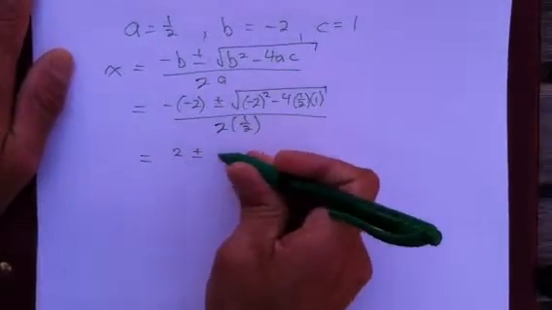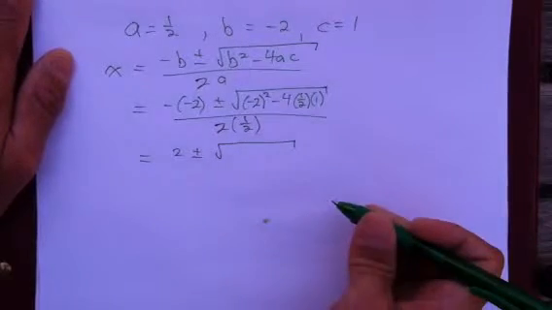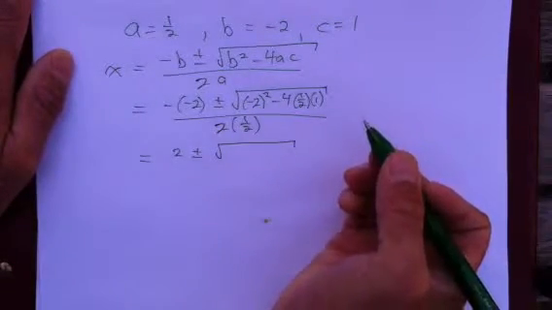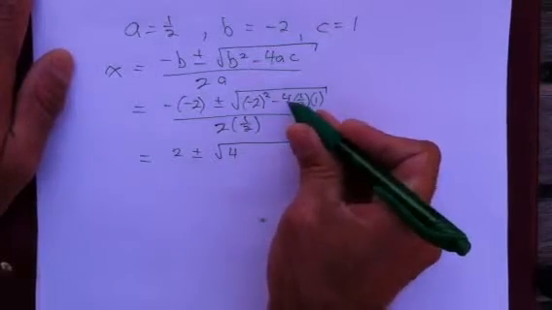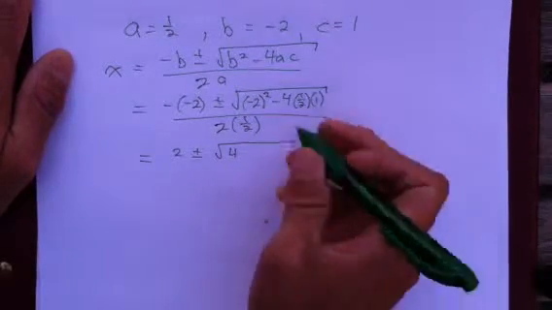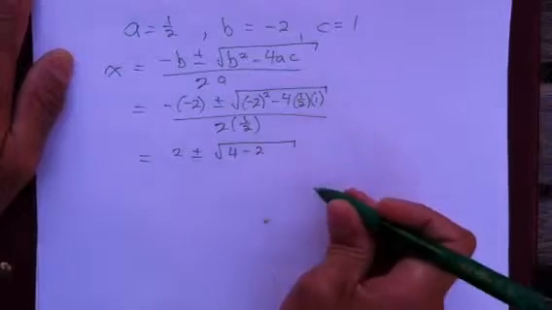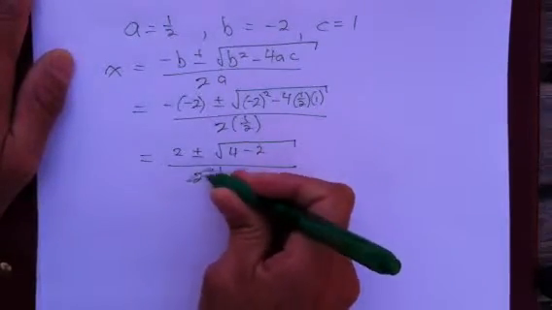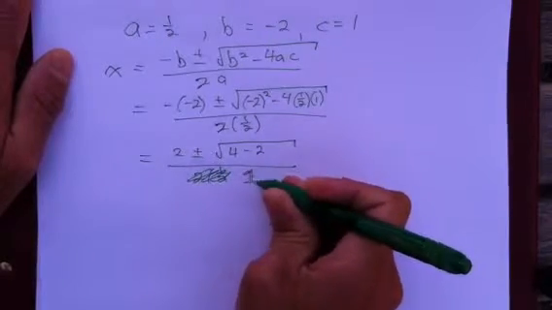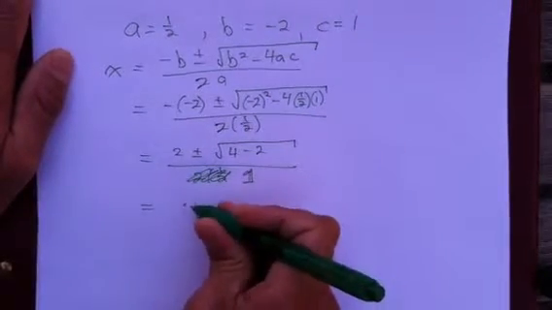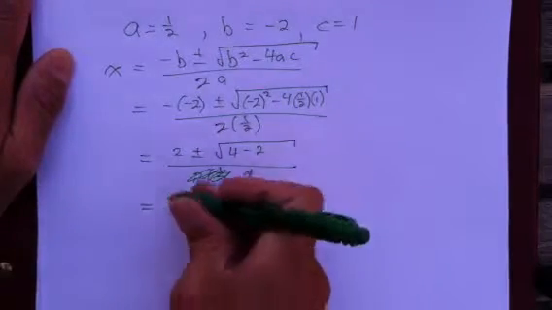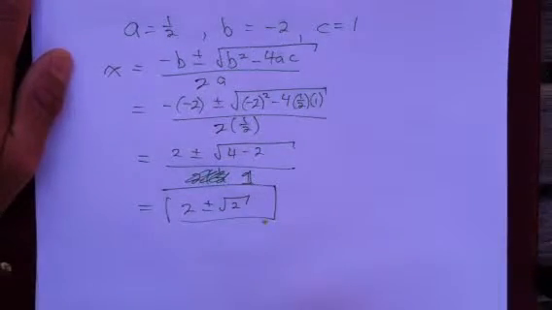It's 2 plus or minus square root. Let's see, now what do we have there? Negative 2 squared is 4. 4 times 1/2 is 2, times 1 is 2, so we have 4 minus 2, all over 2 times 1/2, which is 1. Let's just write 1, huh? So I get 2 plus or minus the square root of 2. Dividing by 1 is kind of boring, so there are my answers.